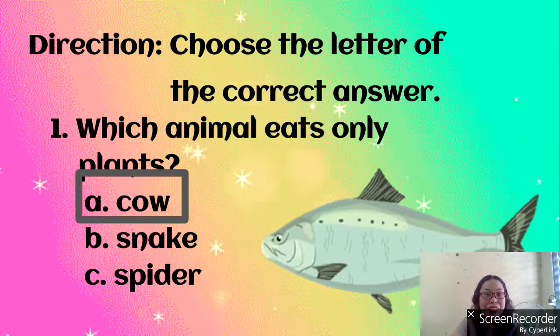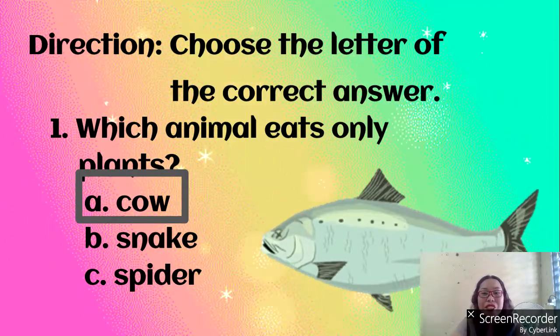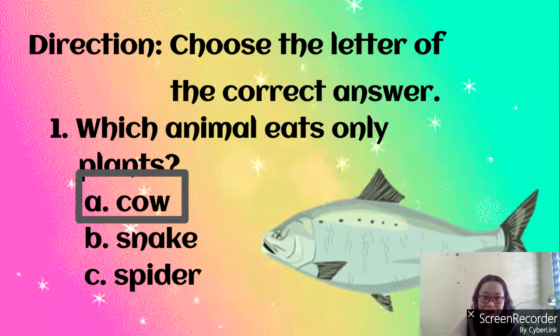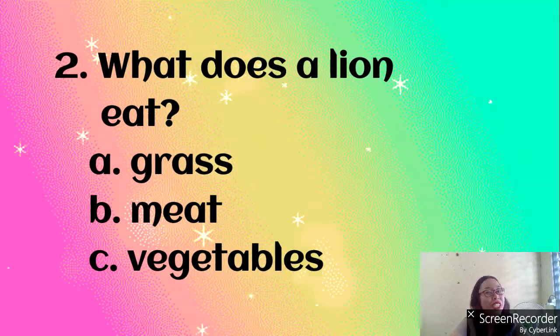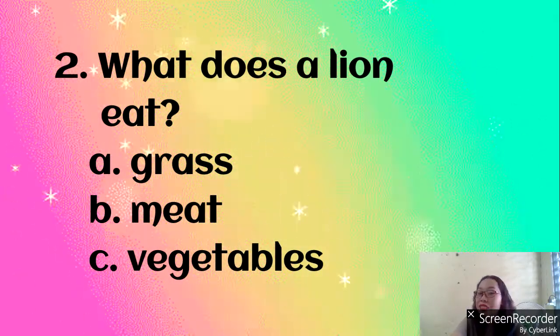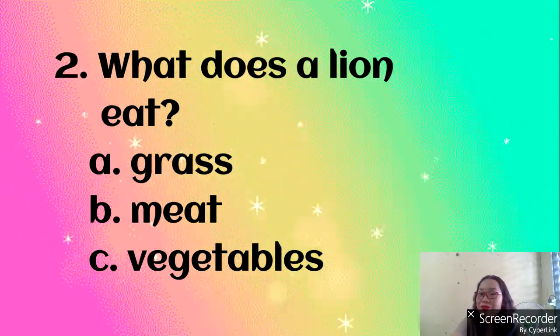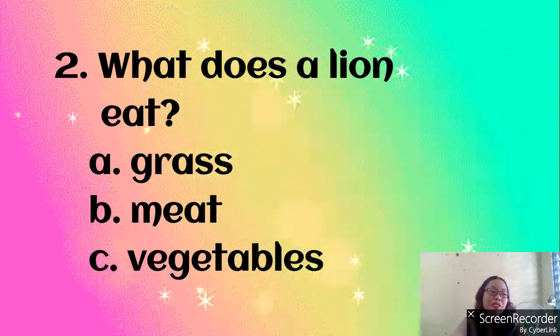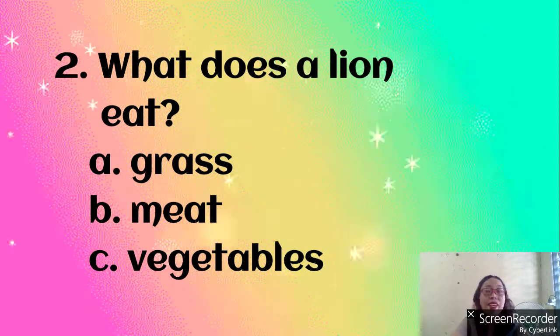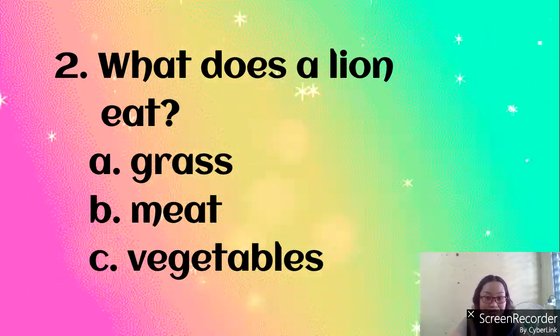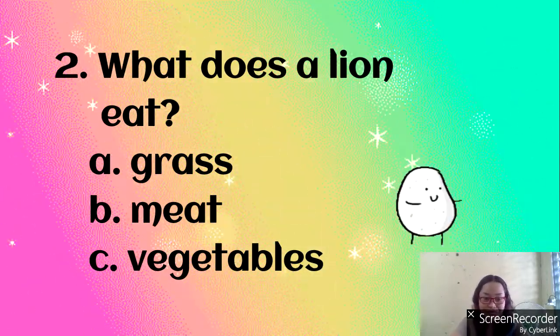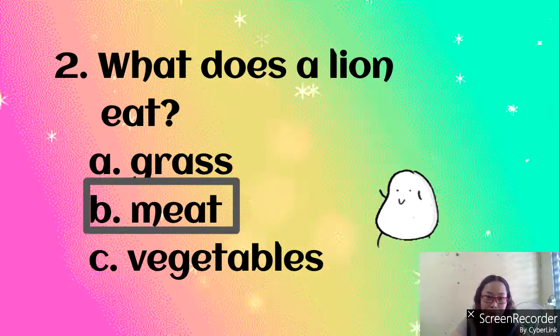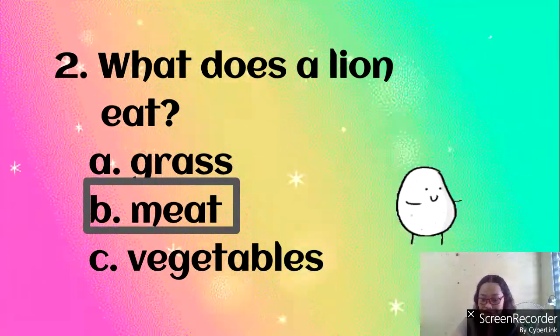A cow is an animal that eats only plants. Question number 2. What does a lion eat? A. Grass, B. Meat, C. Vegetables. And the correct answer is B. Meat.